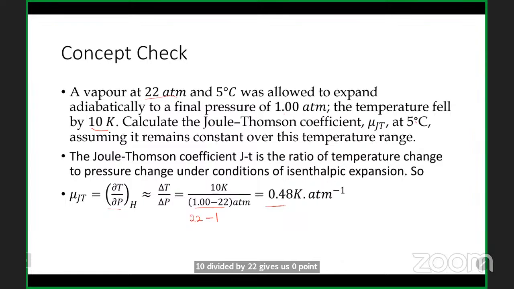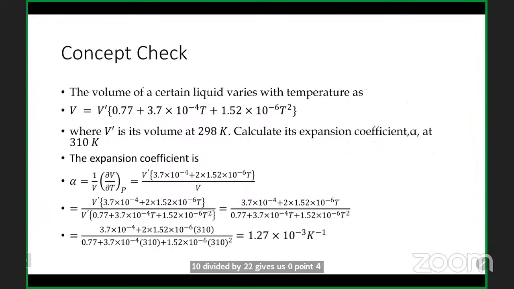And there's another example. The volume of a certain liquid varies with temperature as given, where V prime is its volume at 298. Calculate its expansion coefficient alpha at 310 Kelvin.